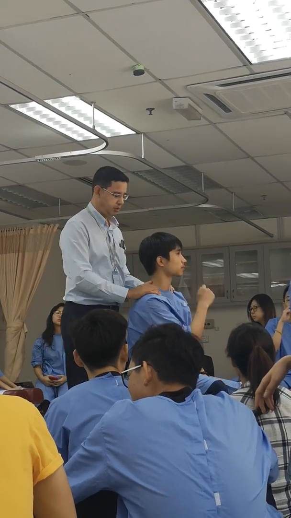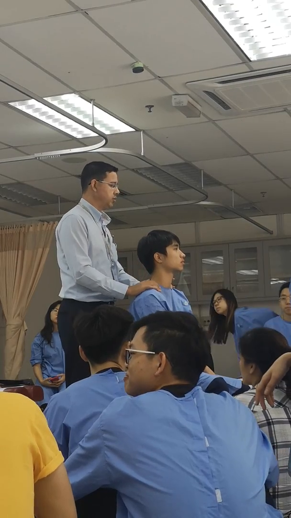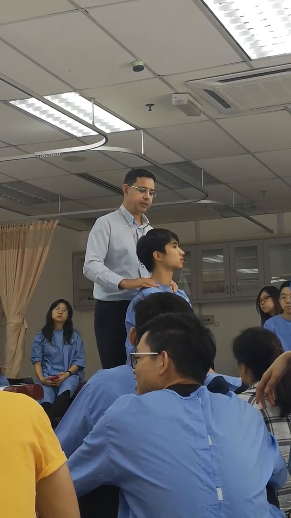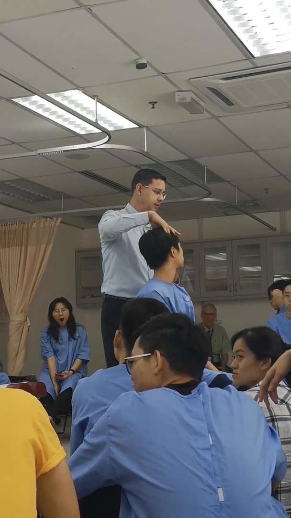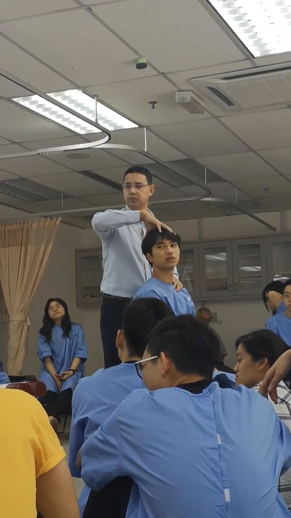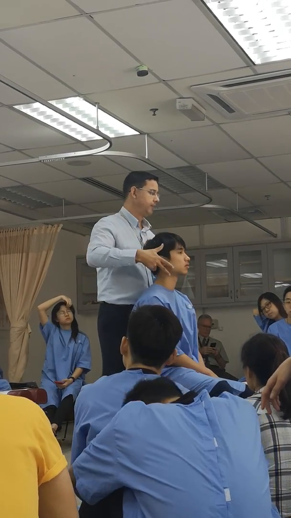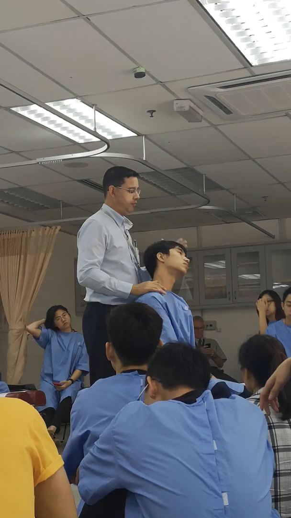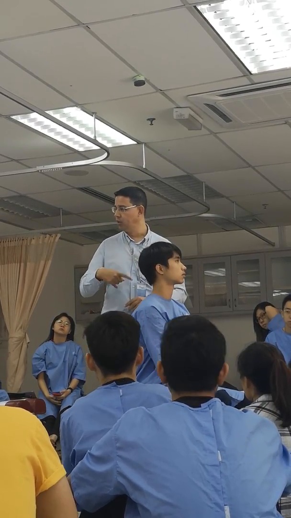Let's say you asked him to go through active range of motion. That is rotation to the right, to the left, and to the right, and lateral flexion to the left and to the right, but I'm not really touching him. He's just going through the motions.